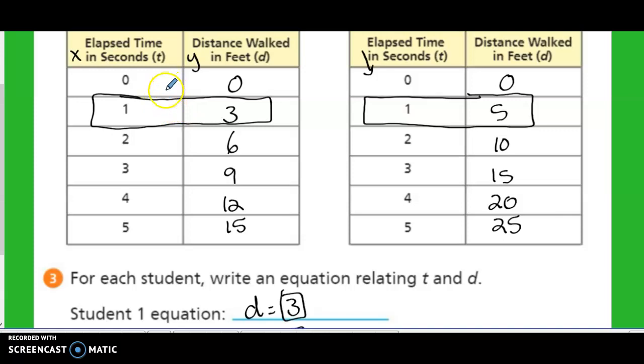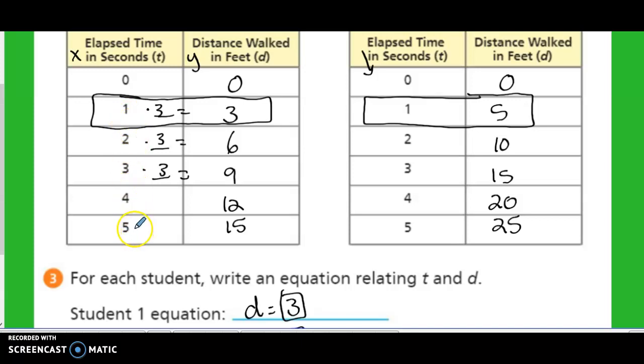The other thing is what's the relationship? What's the multiplier from this number times what equals this one? And it has to be the same number. And if you notice, that number is 3 going down the table, as long as this table is going by ones.